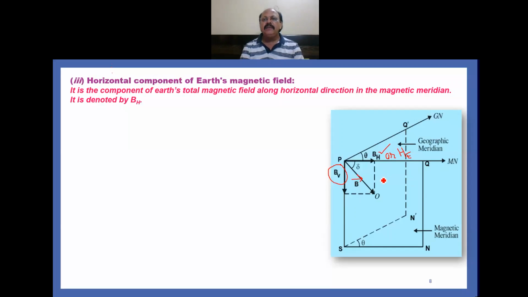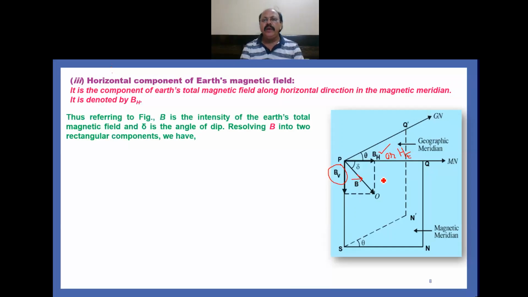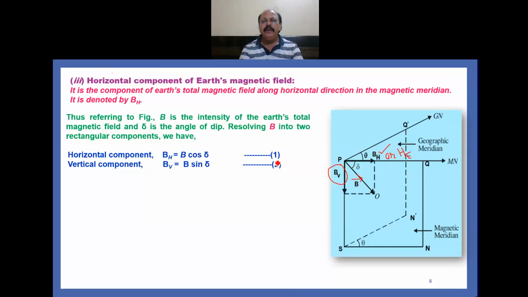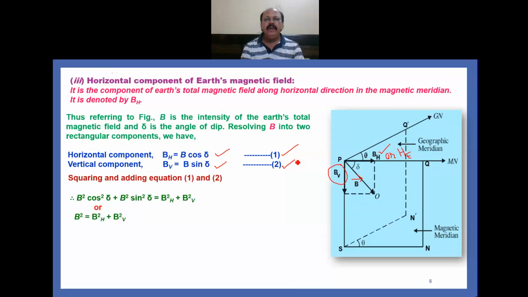Now we resolve this total magnetic field intensity into the two rectangular components. Then what will we get? The horizontal component BH equals B cos delta and BV equals B sin delta. Mark these equations 1 and 2. Now squaring and adding these two equations, we get B square cos square delta plus B square sin square delta equals BH square plus BV square.